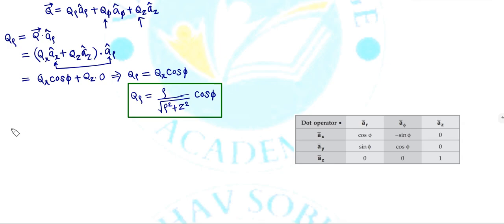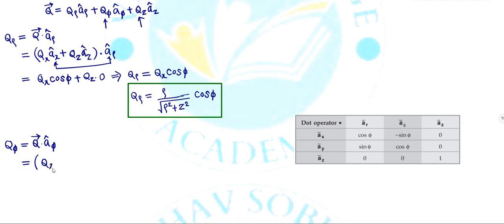Okay, so we will find what q phi is. So what will be the q phi? q phi will be again your given vector q having the dot product with respect to your unit vector along the phi direction, that is a phi. So we have that vector q to be what?